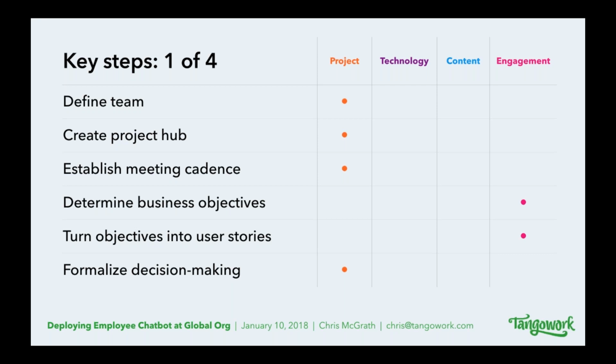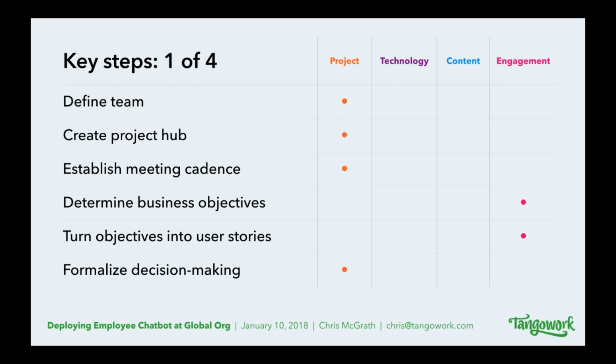That's a very brief user story, and it's got a who, a what, and a why. The who is the employee. The what, I want to be able to get the guest Wi-Fi password. The why, so I can provide it to office visitors. So putting your business objectives into that format makes them relatable and serves as a touchstone later in the project to ask, have I delivered on those user stories?